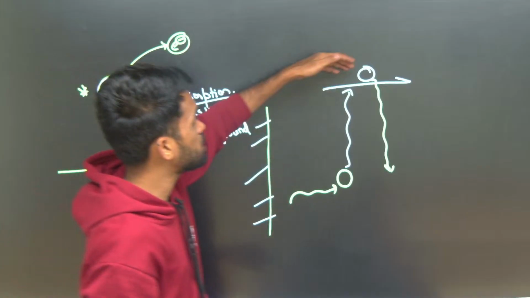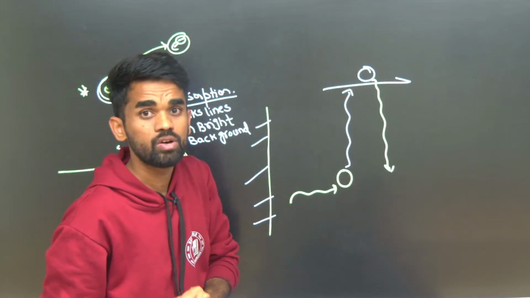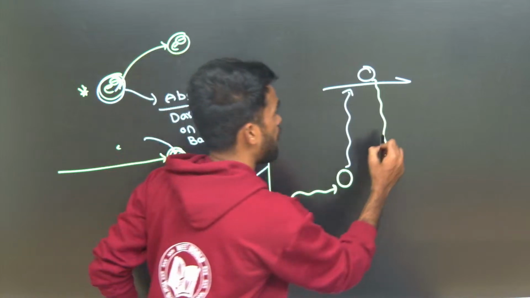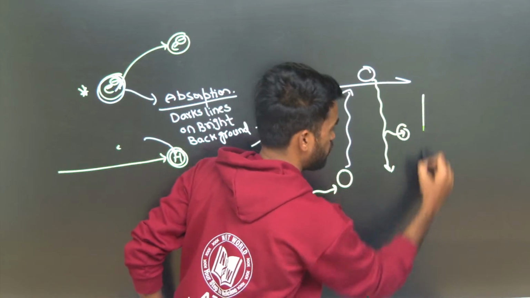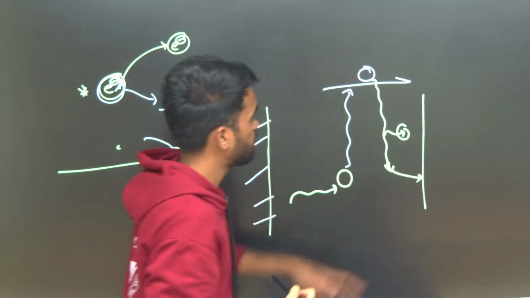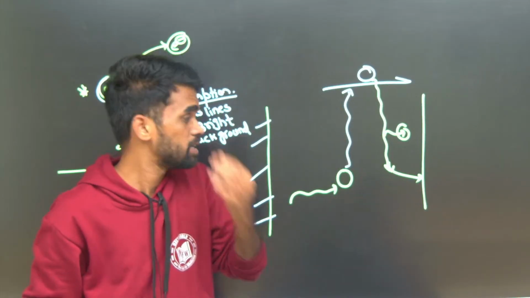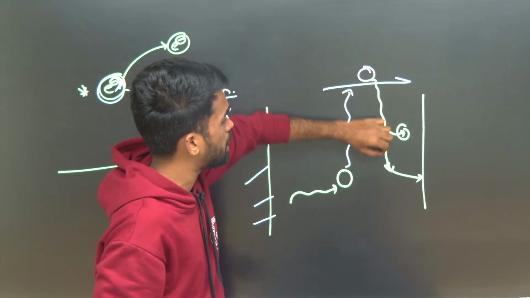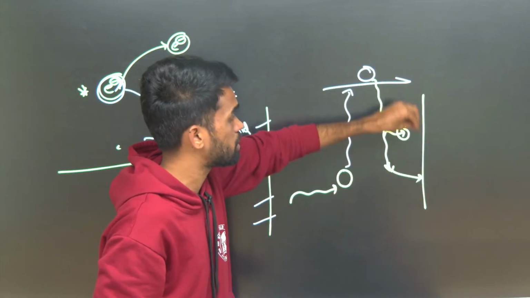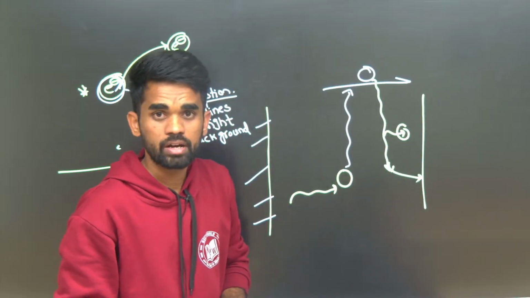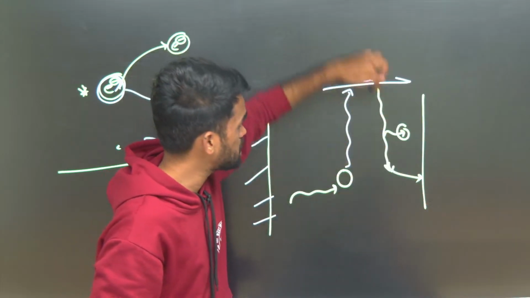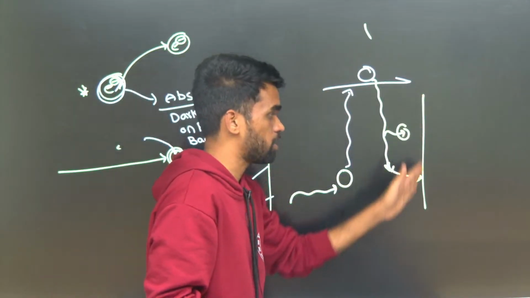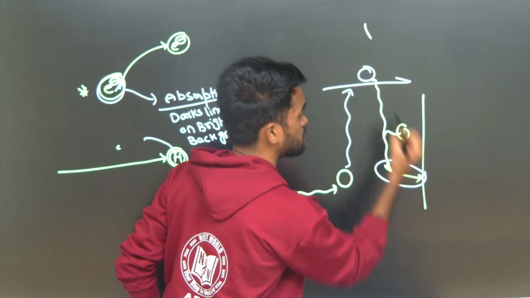When it is falling back, it will emit that extra energy. If this extra energy falls on a photographic plate, what do we get? On this photographic plate, only this emitted light is falling, no other wavelengths are falling, just the emitted light. So now there is a dark background on which bright lines are observed.